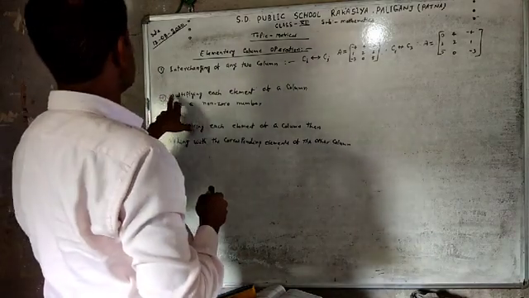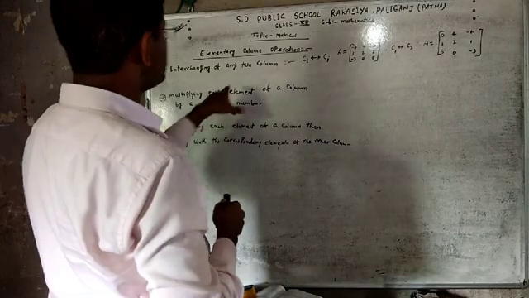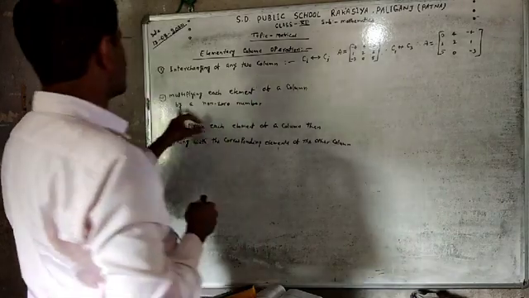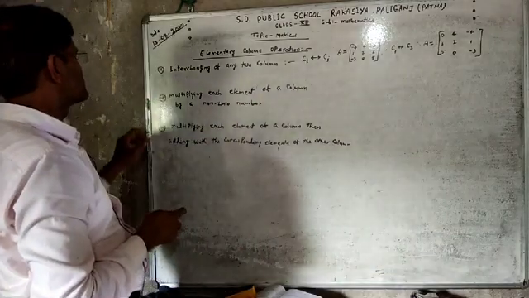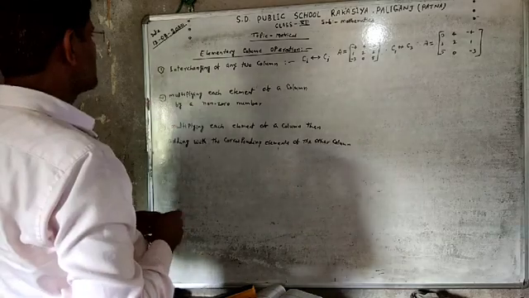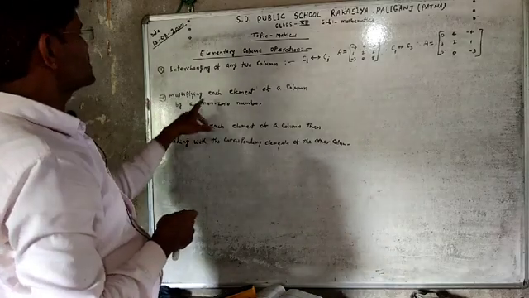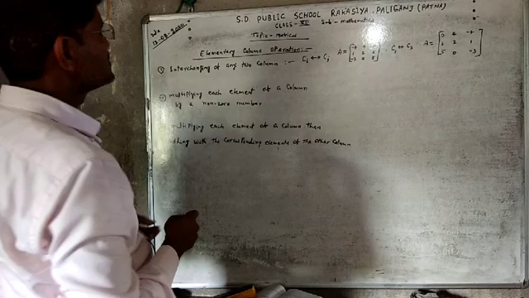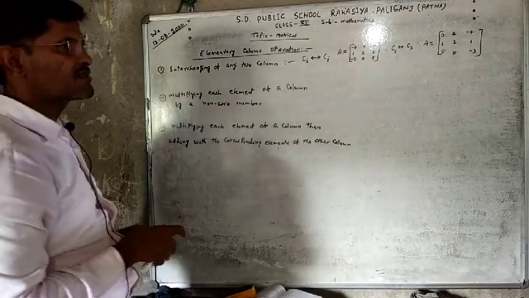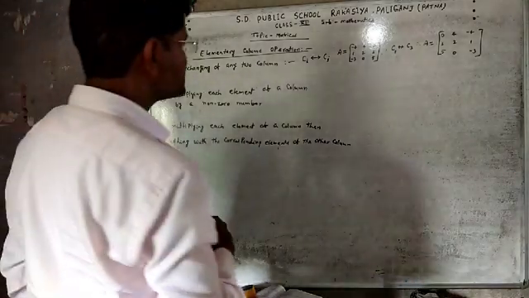The second operation is written as multiplying each element of a column by a non-zero number. In the row operation, we have seen the multiplication of every element by a non-zero number, any scalar quantity.